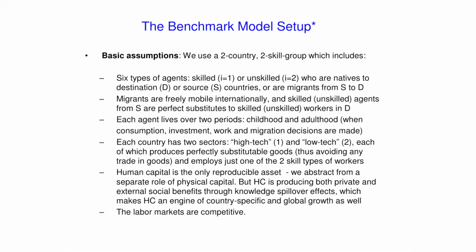We're going to stretch that argument perhaps a bit more than you would expect. But I think we want to bring up the important element associated with the knowledge spillover effects, which essentially is the glue that ties together all the different skill groups in a global general equilibrium situation. And labor markets are going to be also competitive in this model.